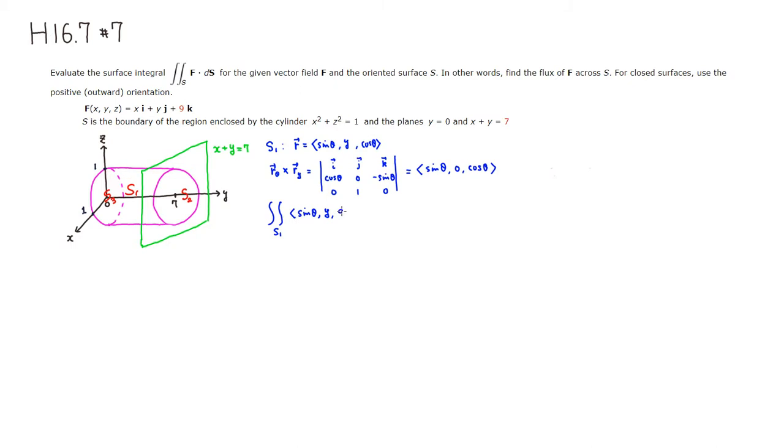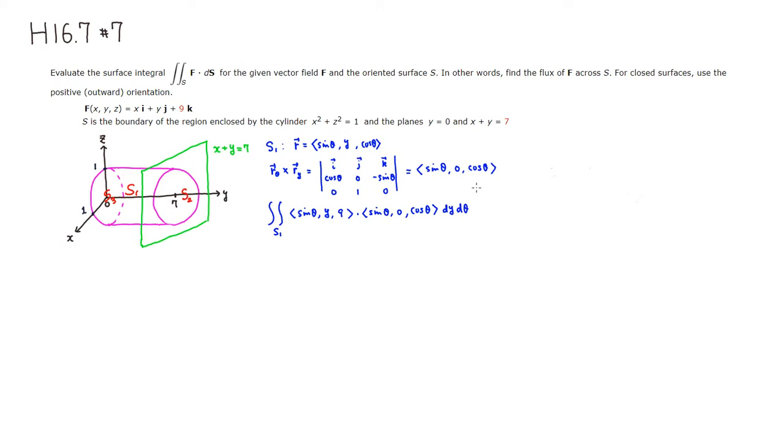Then the cross product is sine of theta, 0, cosine of theta. We're going to do dy first, and then d theta.